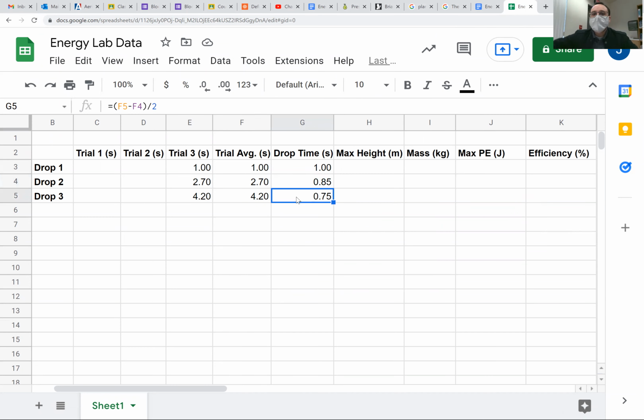All divided by 2. And each time what I'm trying to get, so we have our first drop, and then it bounces, and then it bounces again. Our first drop time gives us the amount of time, and let me circle this in blue so you can see, here.